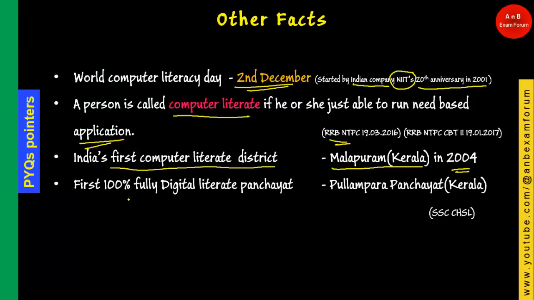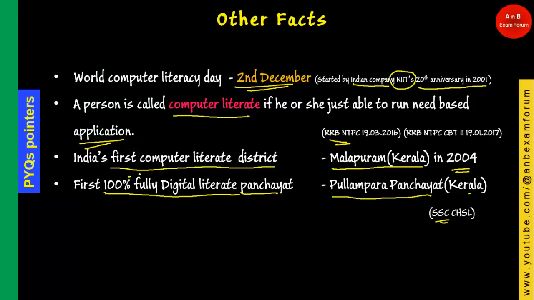Afterward, if you talk about the 100% literate panchayat, it is Pullampara Panchayat, again in Kerala, and this pointer was asked in SSC CHSL. I repeat once again: World Computer Literacy Day is on 2nd December. A person is called computer literate if he is able to run an application on the computer.